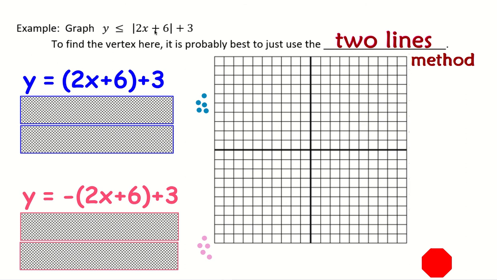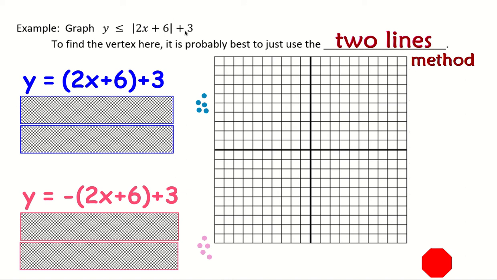One where we go with the positive quantity of 2x plus 6, just 2x plus 6 as a quantity, positive. And then the other situation is the negative of the entire quantity, negative outside of the whole bubble of 2x plus 6. So those are my two cases, right?